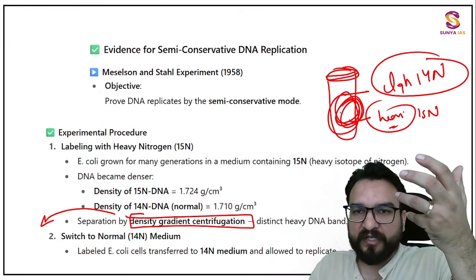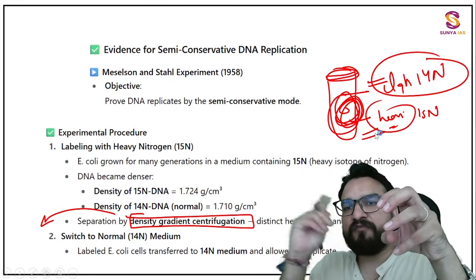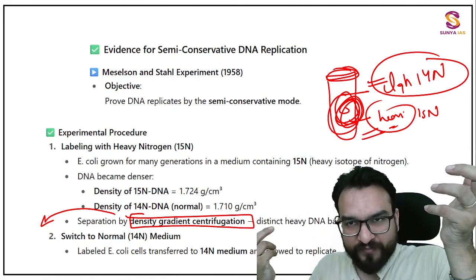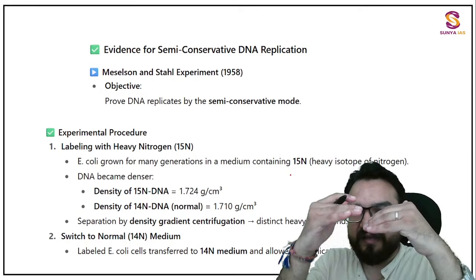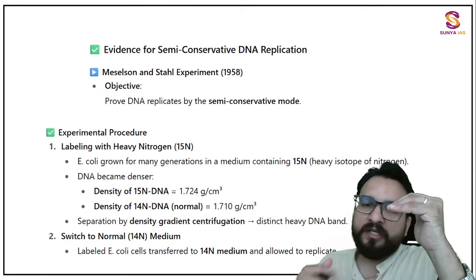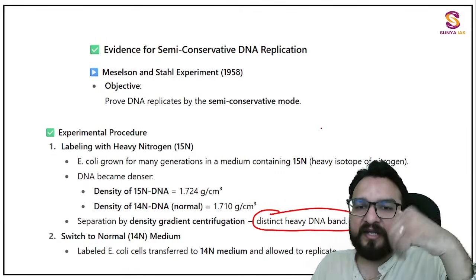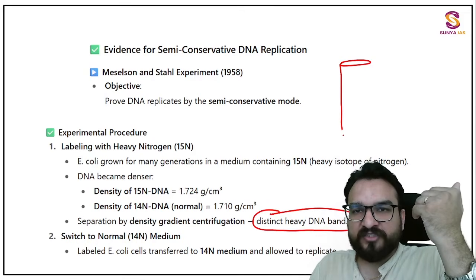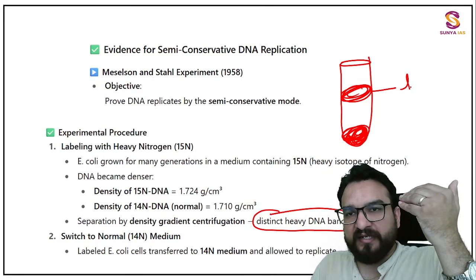This is a mixture, and if we want to separate the lightness and heaviness of any particle, we should use the centrifugation technique, right? So similarly, the centrifugation technique was used over here to distinguish between heavy and light particles. So a distinct heavy DNA band we have got. Suppose this is the test tube and we do the centrifugation. Over here the heavy DNA accumulates and over here the light DNA accumulates.